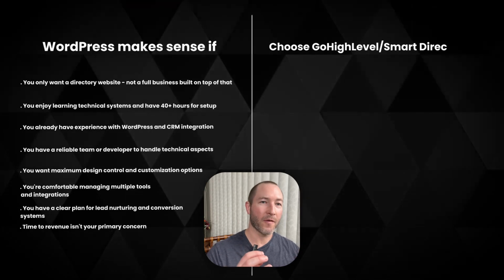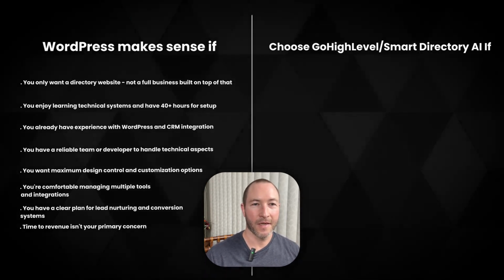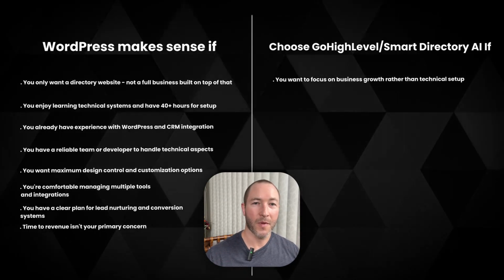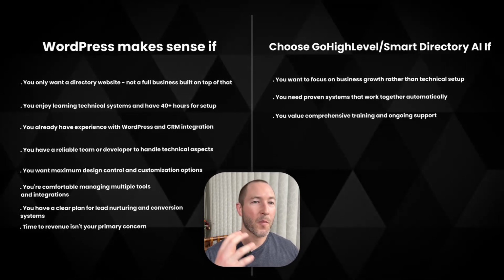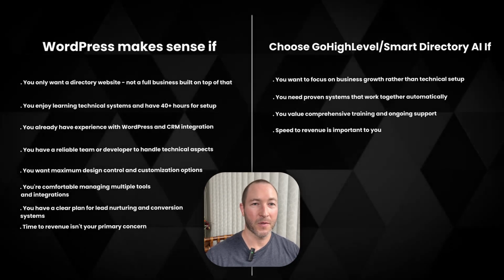However, choose GoHighLevel with Smart Directory AI if the integrated approach makes sense. That is, you want to focus on the business growth rather than the technical setup. You need proven systems that work together automatically. You value comprehensive training and ongoing support. And speed to revenue is important to you.